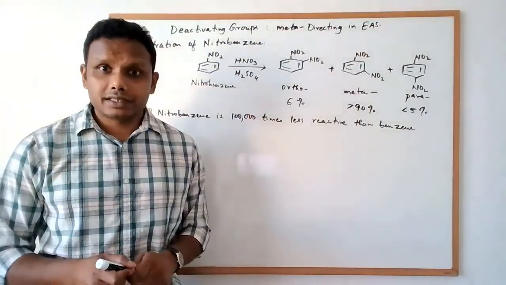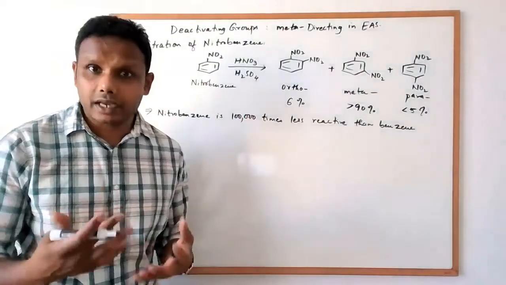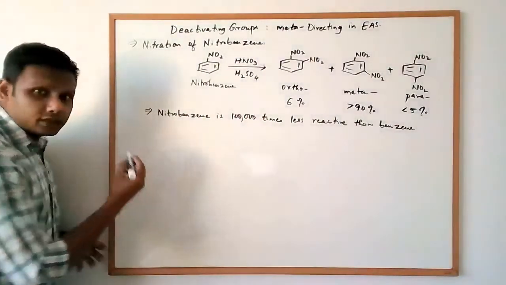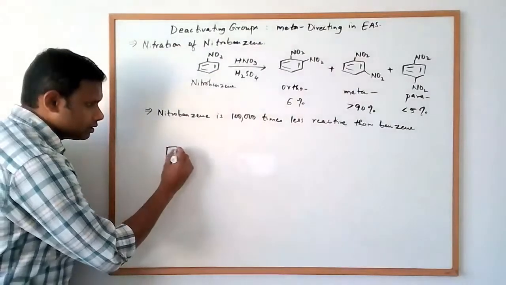So let's try to understand why that is so. Why is the nitro group such a strong deactivating group? We can cite two reasons for this effect here. One is an inductive effect.